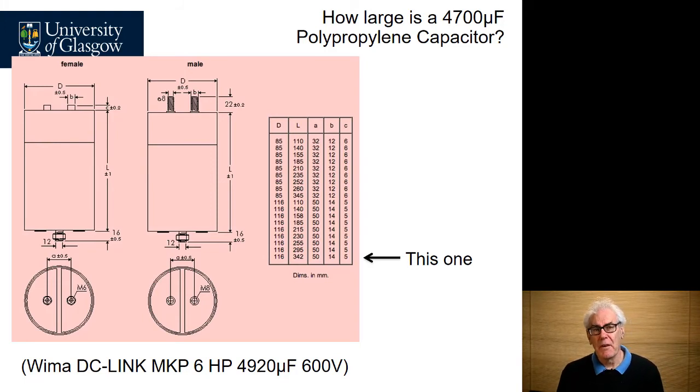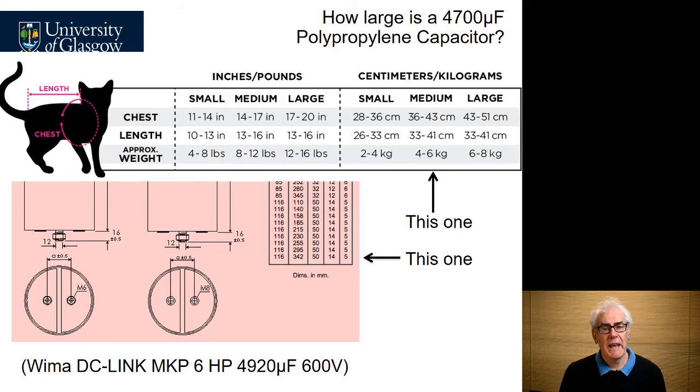So let's compare that size, a cat. Not a cap, a cat. Okay. And I actually have a 4,700 microfarad cat here with me, which will demonstrate the size and shape of a large capacitor. This is Misty. Say hello, Misty.